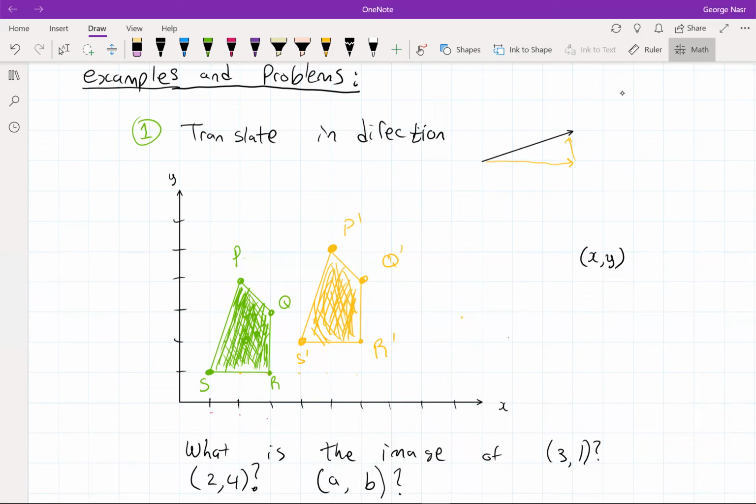So in a technical sense, translating objects should be a daunting task because there are infinitely many points in some objects. But at the end of the day, we can utilize how nice the picture looks to figure this out. Okay. And just to make sure you can see, we have copies of this arrow everywhere.